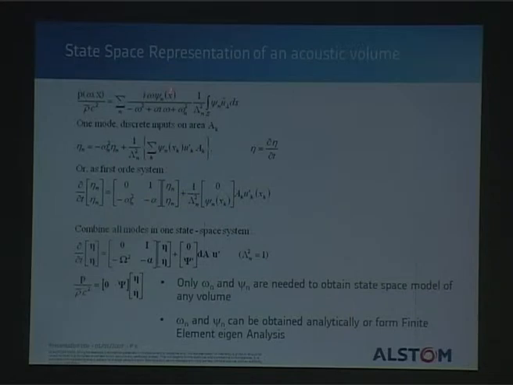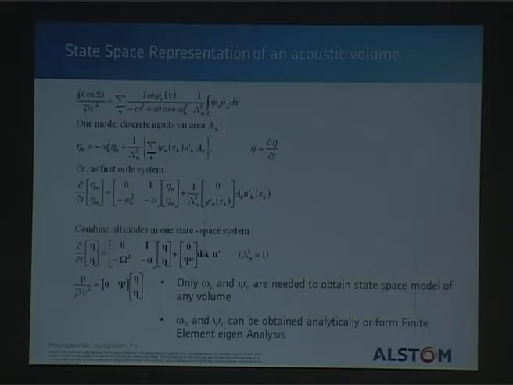Then you can find, I won't show how it's derived, an input-output relation for that volume. The output would be the pressure, and the input, the velocity that you impose somewhere on the boundaries. This equation gives the input-output relation from a velocity applied somewhere on the boundary of that volume to any pressure measured somewhere in the volume, or it can be multiple pressures and multiple velocities.